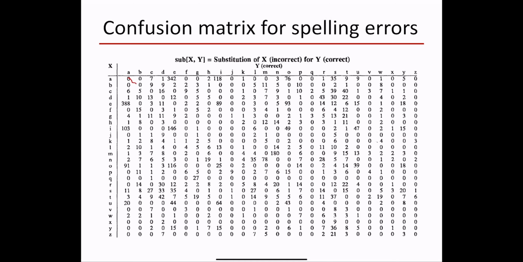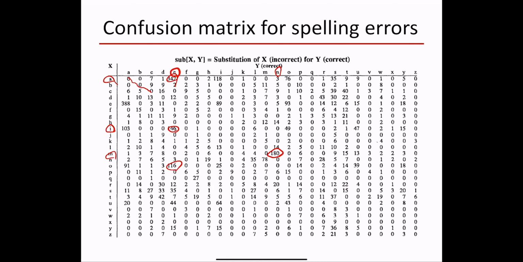The diagonal value is a match. So 180, M is confused with N. 146, I is confused with E, A is confused with E, and O is confused with E.